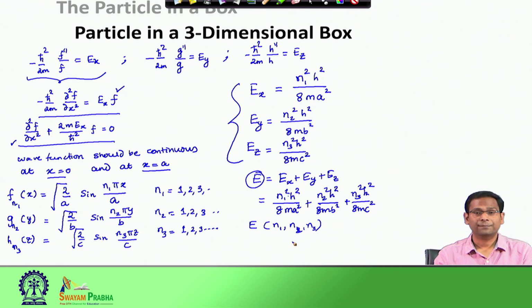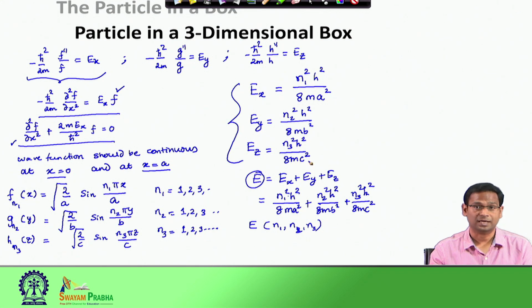To make some more interesting outcomes of this problem, we will make one assumption, that instead of dealing with a cuboid, we will make this problem a cube. So, when you have a cube, the only difference is that a, b and c become equal.